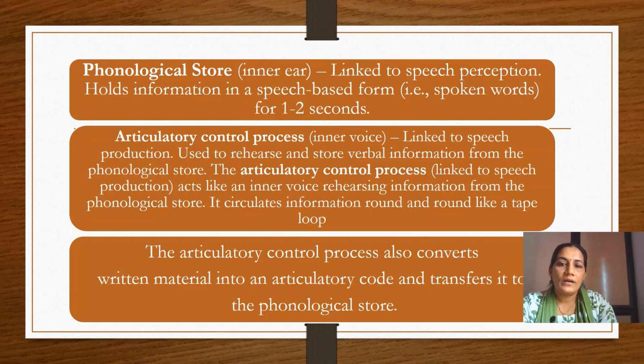As long as we keep repeating it, we can retain the information in working memory. The articulatory control process also converts written material into spoken words, so it can be stored in the phonological store.